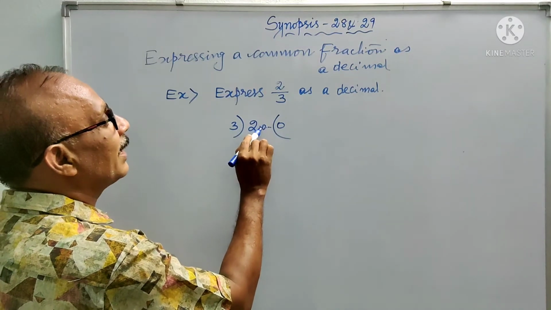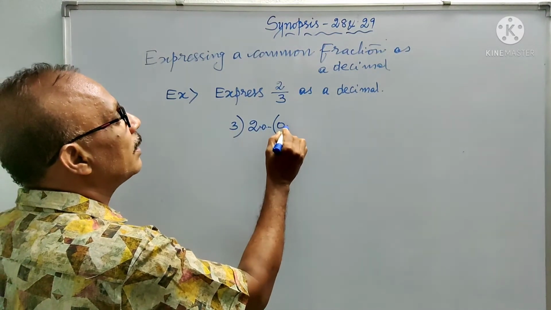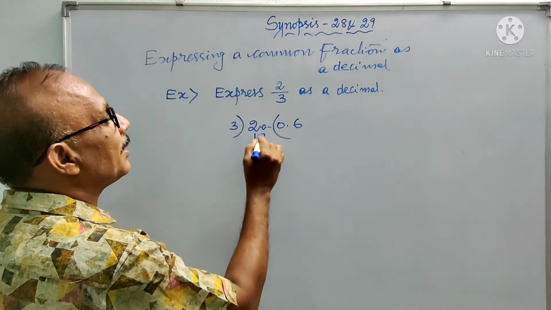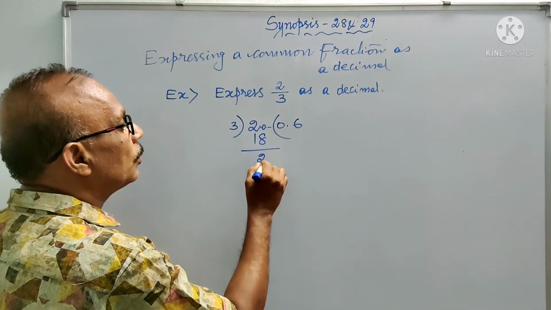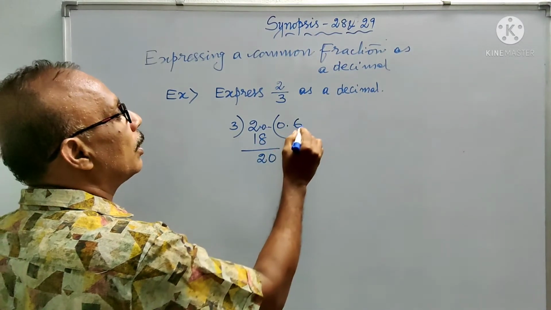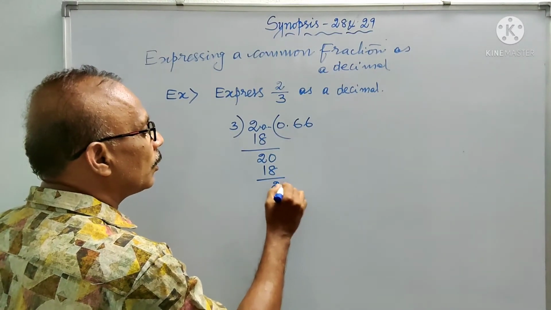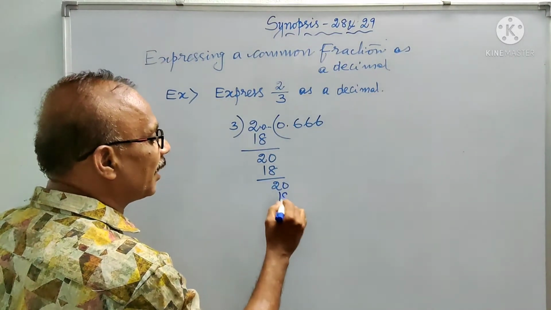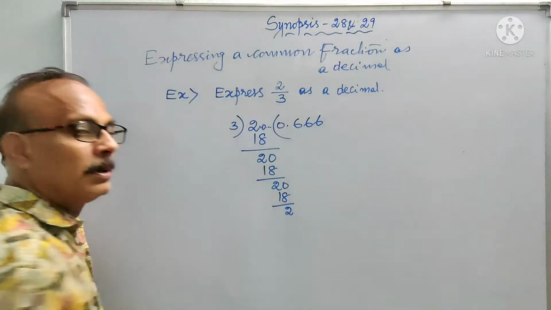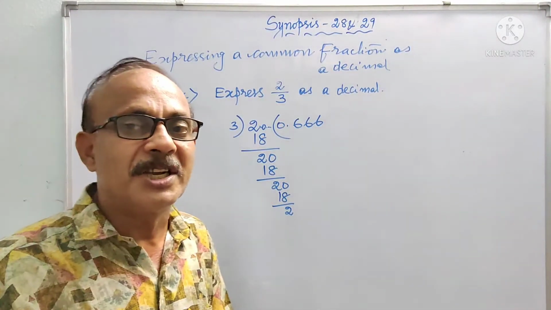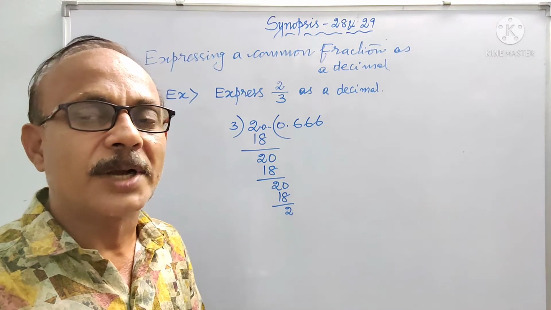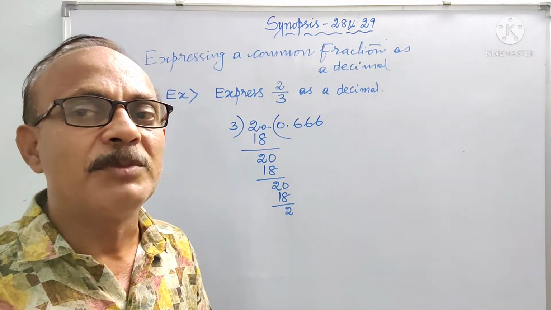First we are taking a digit after the point, 20. So 3 times 6 is 18. Remainder 2. And we can bring down 0. Again 3 times 6 is 18. Remainder 2. 20. Again 3 times 6 is 18. Remainder 2. If you continue this division, as long as you like, the remainder will never become 0.